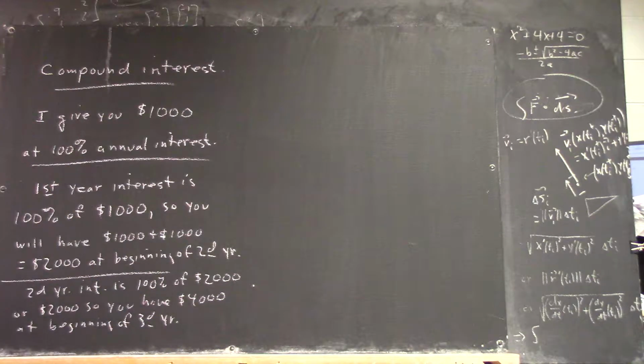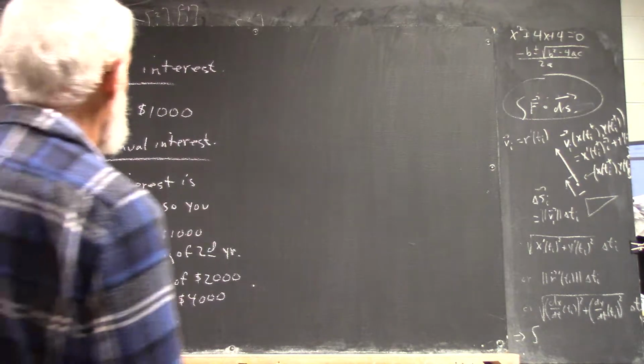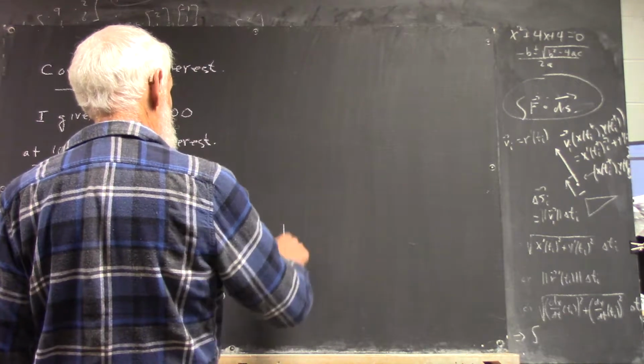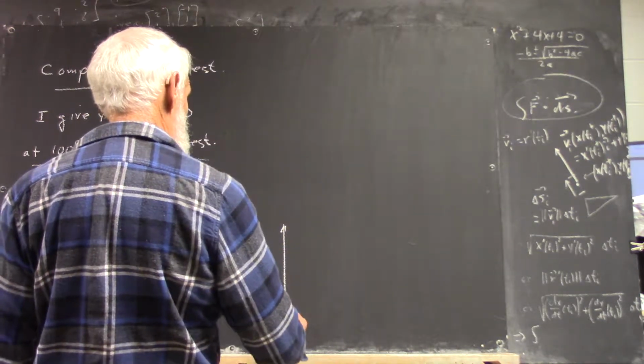So you have $4,000 at the beginning of the third year, right? So if we draw a graph of how much money you have, it just keeps doubling.